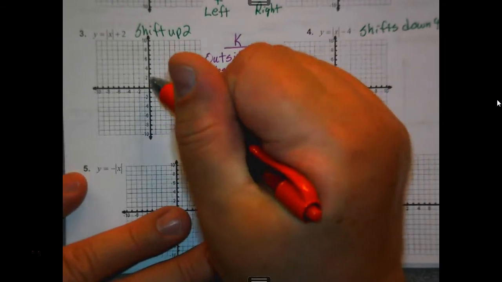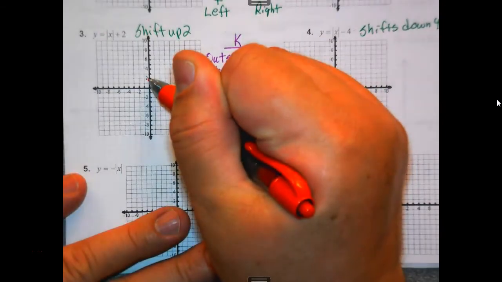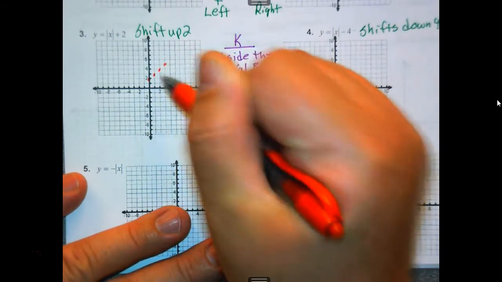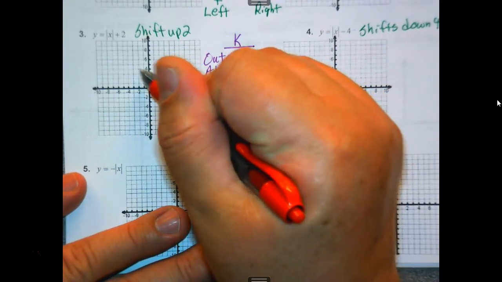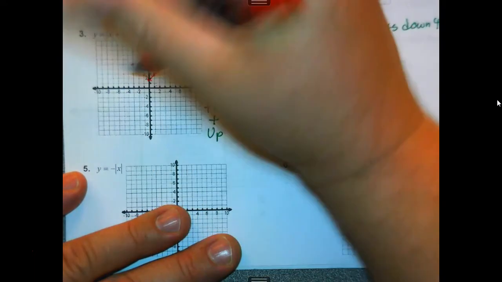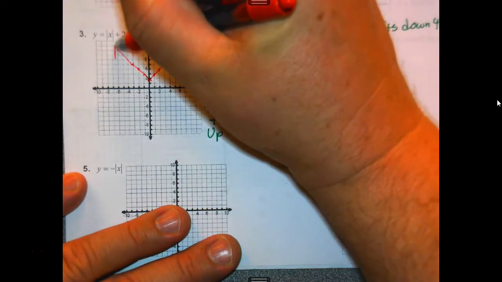Okay, so I'm going to shift up 2. Everything else stays the same. Slope 1, 1, 1, 1. All it did was move my parent graph up 2.